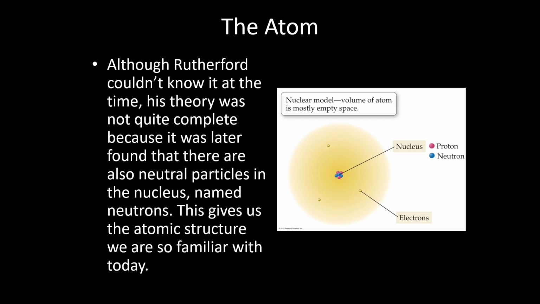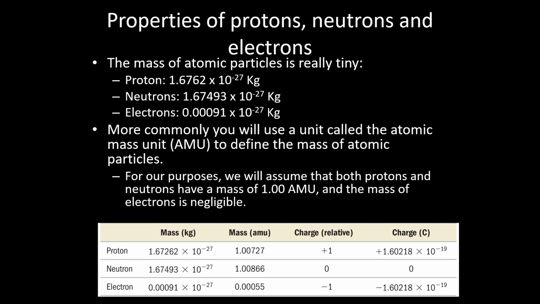So those are the 2 history things that I might test you on. Those would be nice, easy, true-false questions. So Dalton had the atomic theory, Rutherford had the nuclear theory.